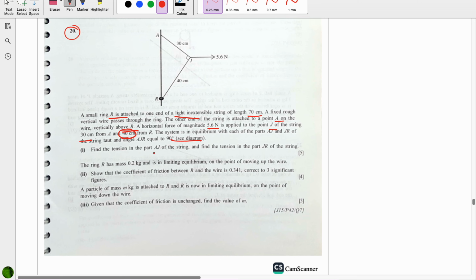Find the tension in the part AJ of the string and find the tension in the part JR of the string.